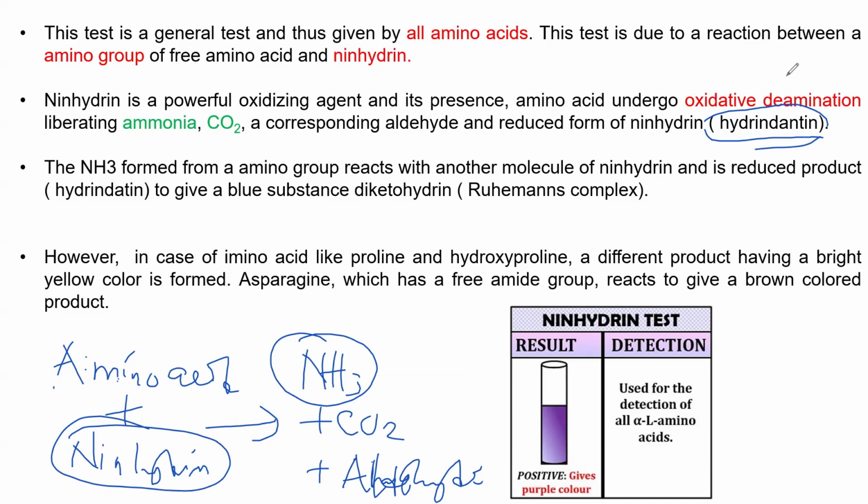It means that first, when amino acids react with ninhydrin, they produce ammonia, and this ammonia forms part of the complex with the reduced ninhydrin called hydrindantin. And it's this hydrindantin containing the ammonia which then reacts with another molecule of ninhydrin.